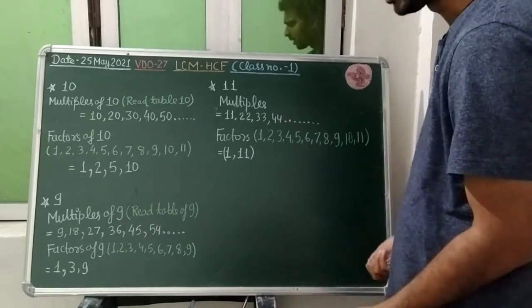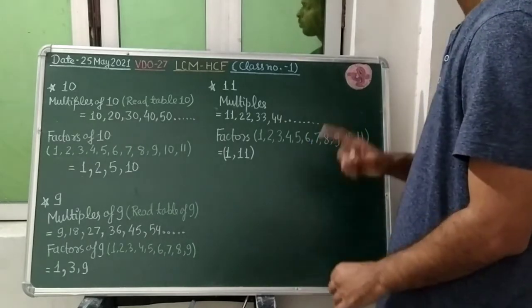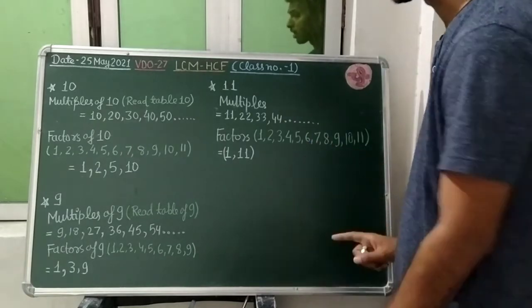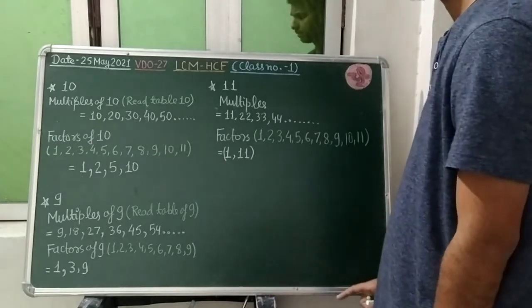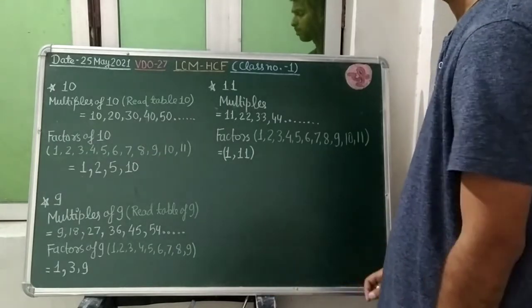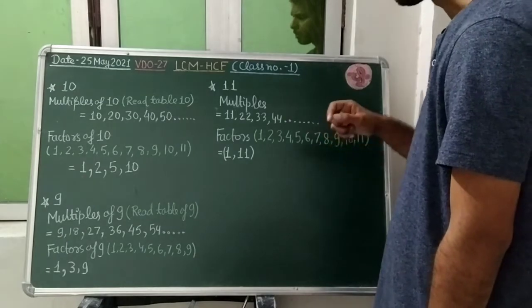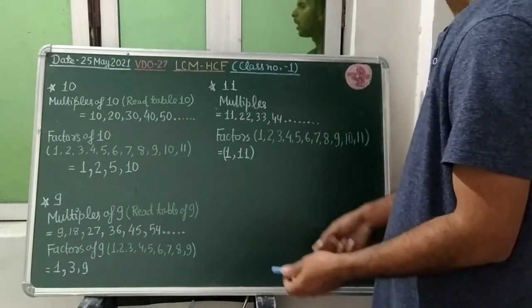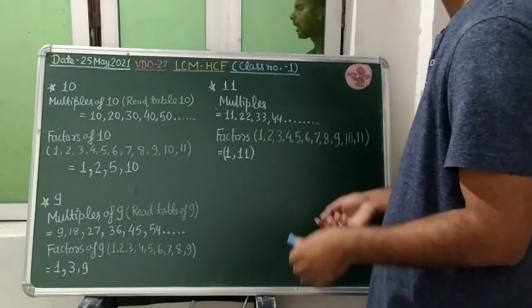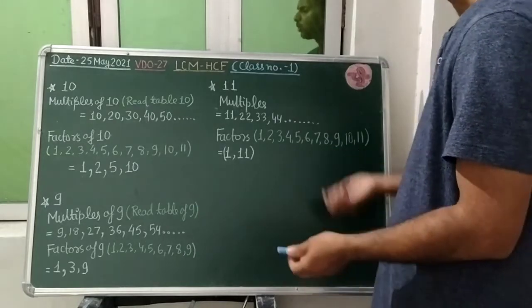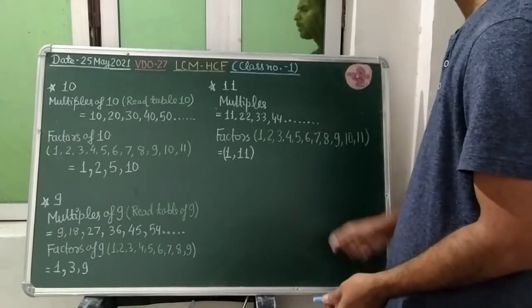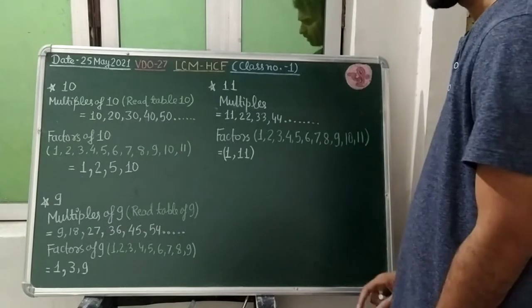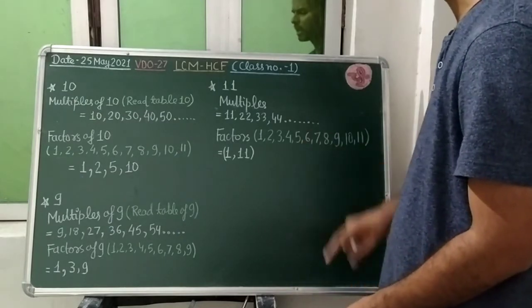What are prime numbers? Numbers greater than 1. 1 is neither prime nor composite, please remember it. Prime numbers are the numbers greater than 1 which are divisible by 1 or itself.